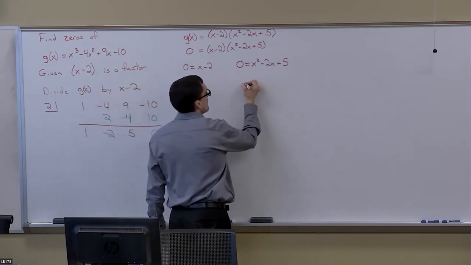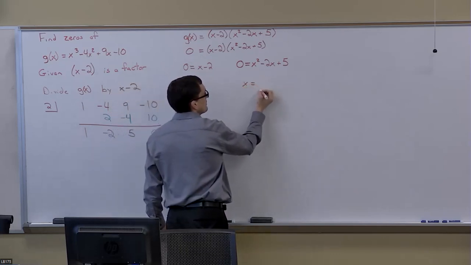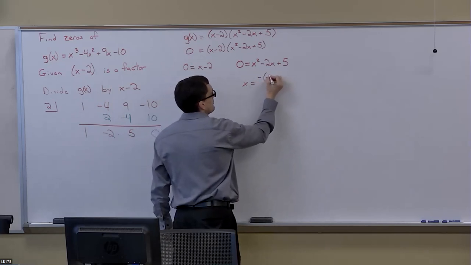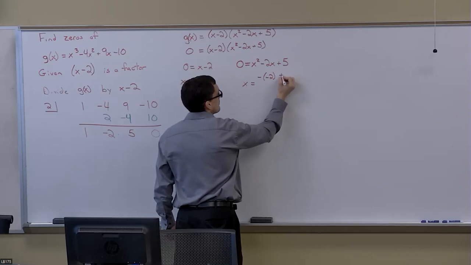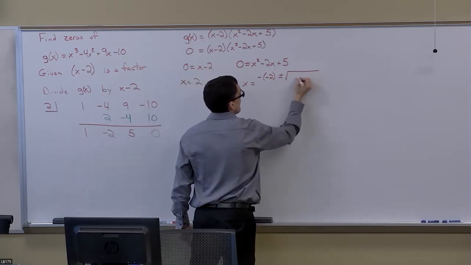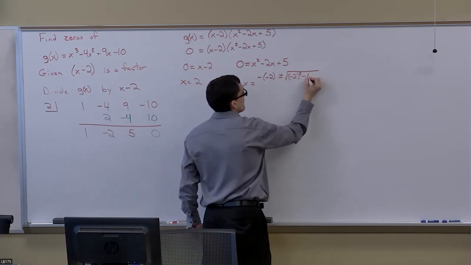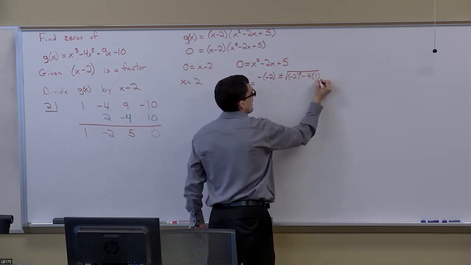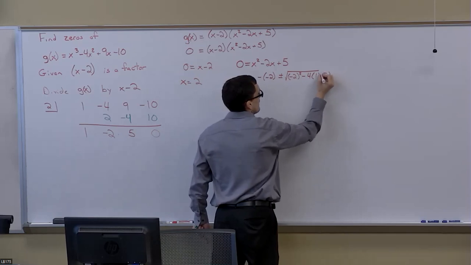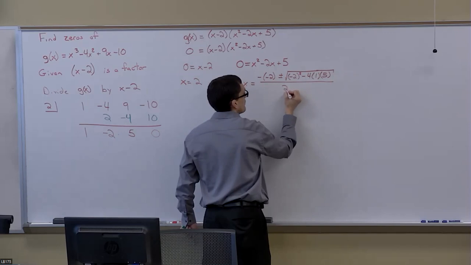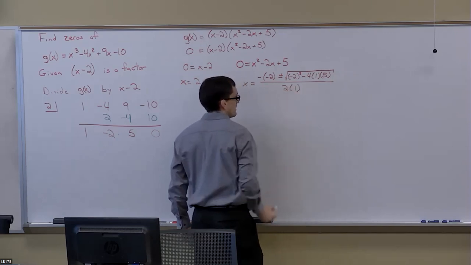On this one, I'd probably use the quadratic formula: opposite of b plus or minus the square root of b squared minus 4 times a times c, all divided by 2 times a.